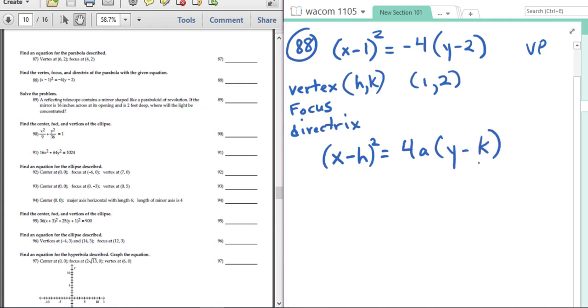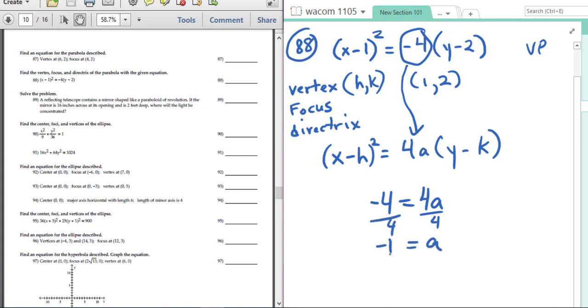All right, so we need to figure out the a in order to get the focus. And also that will help us get the directrix. So our negative 4 is equal to 4a, so divide by 4 and we will get a equals negative 1.